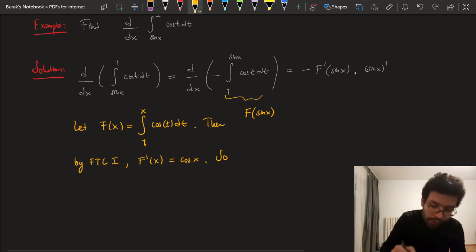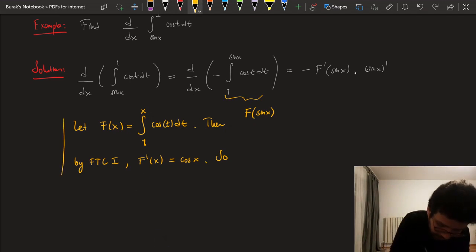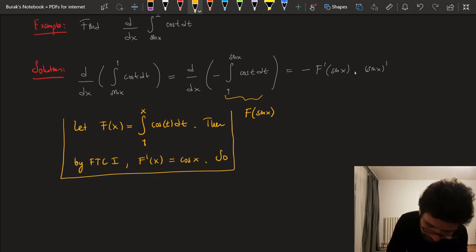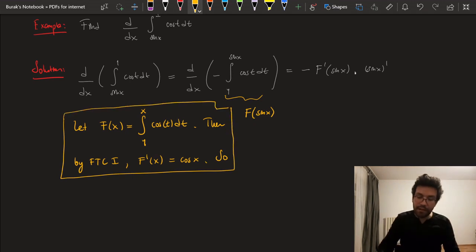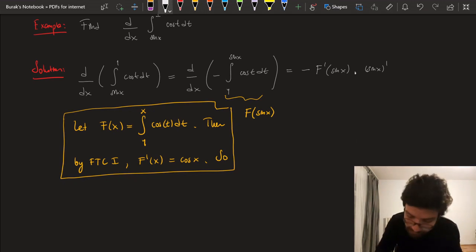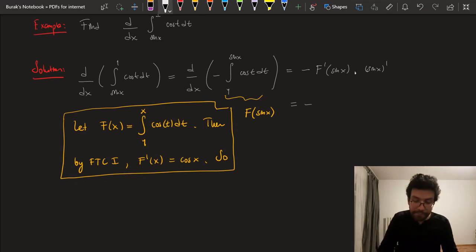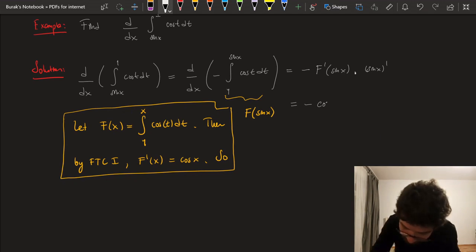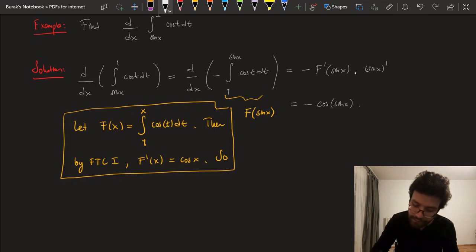Now, this observation that I made tells me what this term is. F prime of x is cosine of x, so F prime of sine of x is cosine of sine of x, and the derivative of sine is cosine, so I have that.